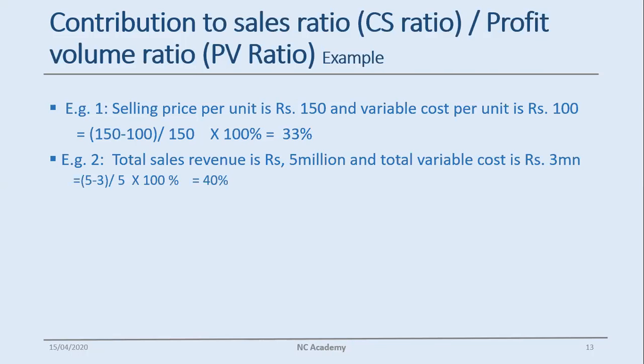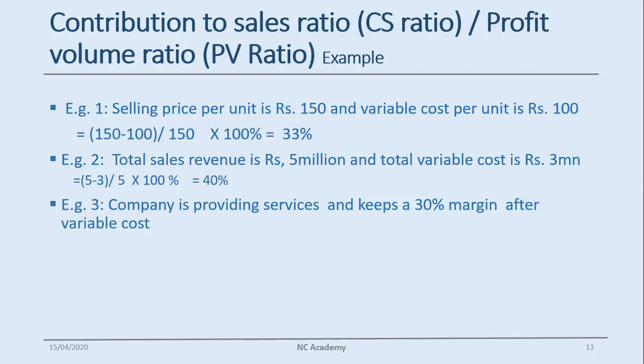Sometimes you can calculate CS ratio without having any of this information, but simply by analyzing the pricing policy. Let's see. This company is providing services and keeps a margin of 30% after variable cost. If you refer to it as margin, always remember margin is as a percentage of sales.